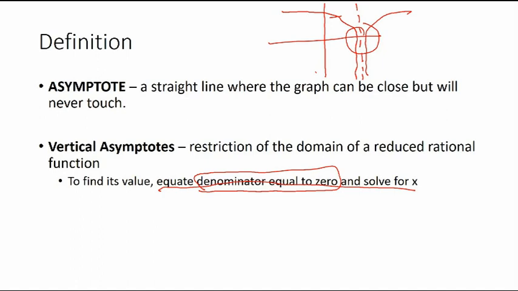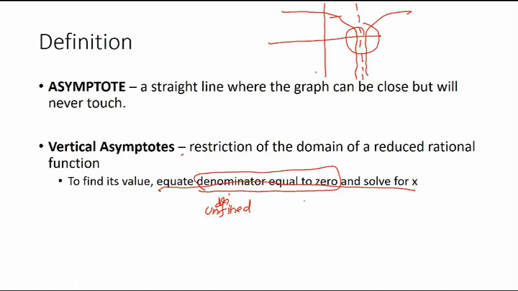So, to get the vertical asymptote, yun lang yung point kung saan magiging undefined si rational function. So, tandaan natin, na ang kinukuha natin is yung para maiwasan lang natin siya maging undefined. Once again, to find its value, equate the denominator equal to 0 and solve for x.